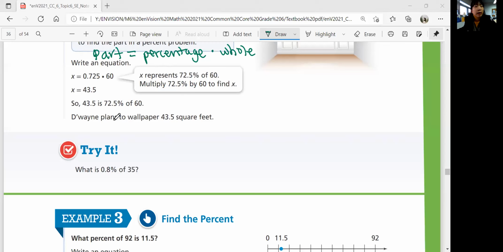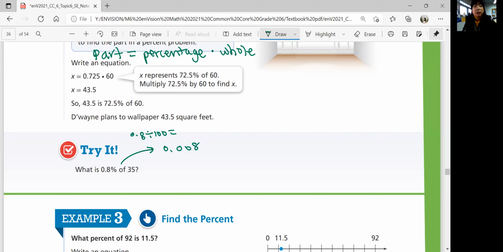Okay, 0.8% of 35. What is 0.8% in decimal? 0.008. 0.8 divided by 100 is 0.008. You can't just use 0.8 because that's the percentage, okay? And we talked about a small percentage in the last lesson.